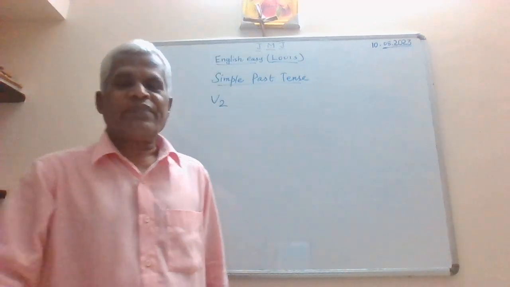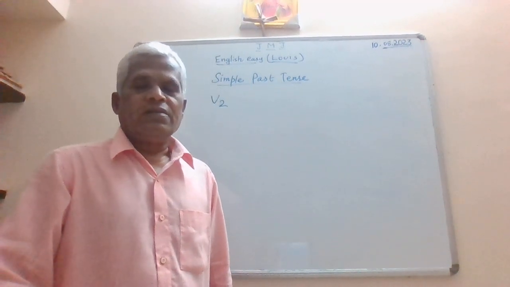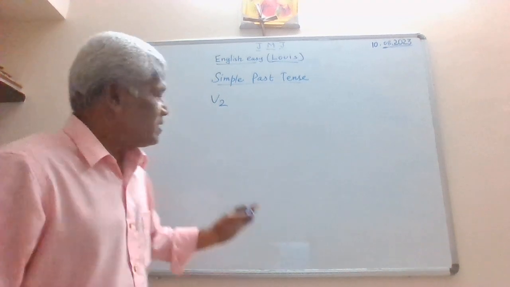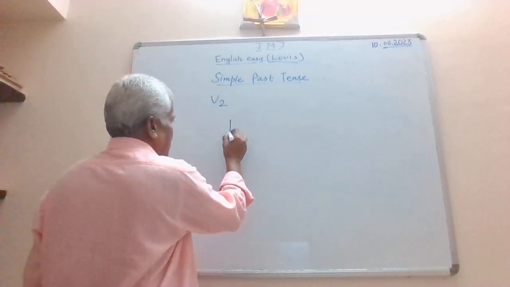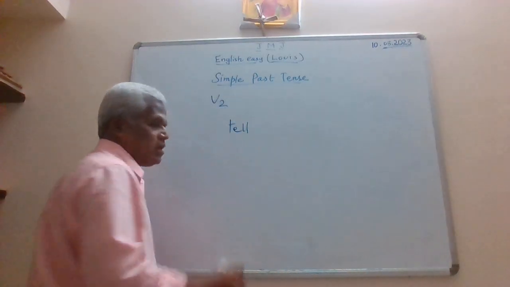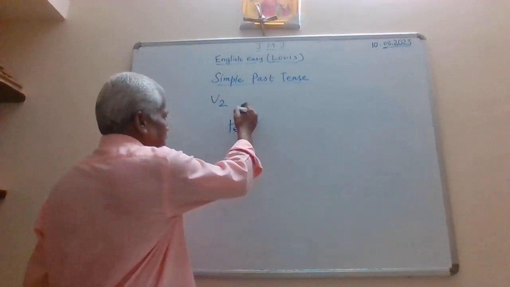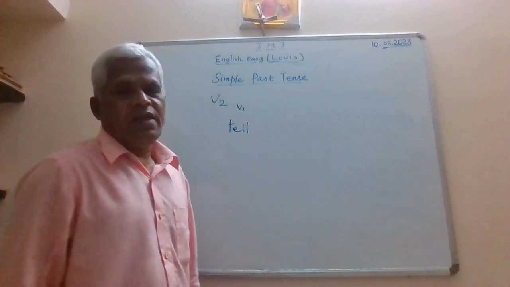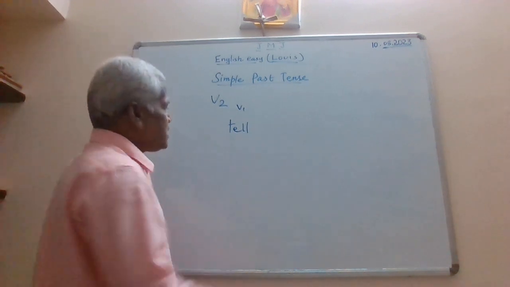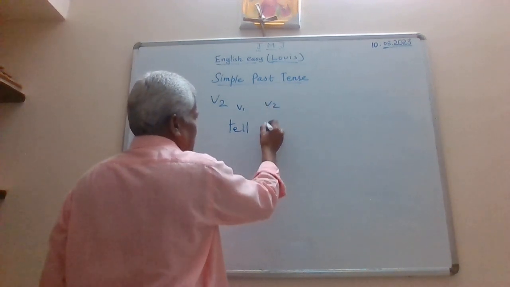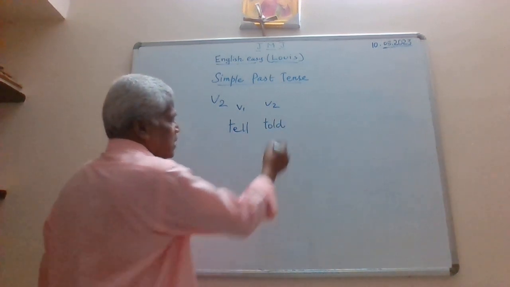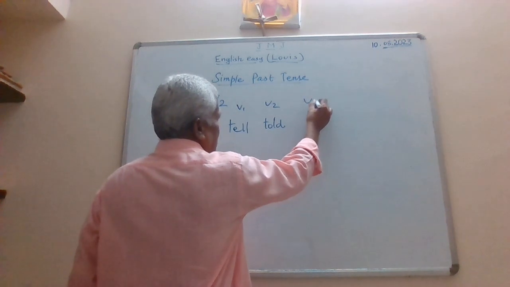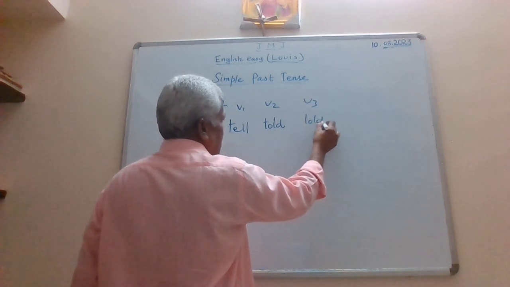Okay guys? If you take, for example, one verb, tell. And we call that V1. Now what is V2, the past tense of this one? V2 is told. And then V3 is also told.